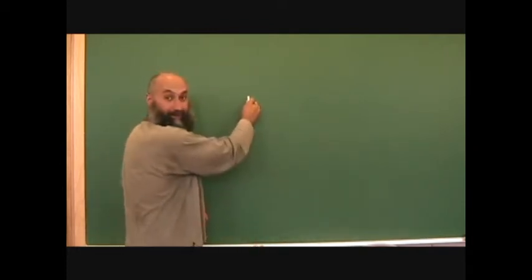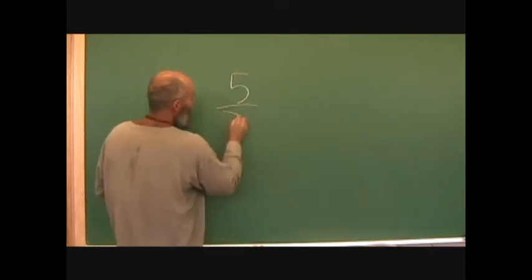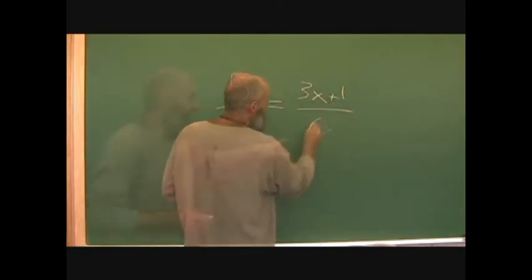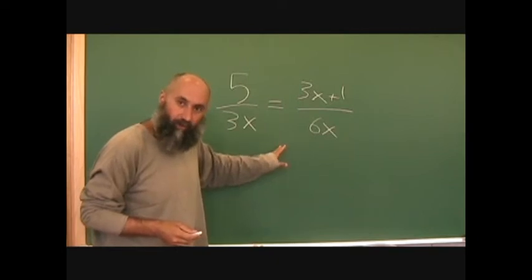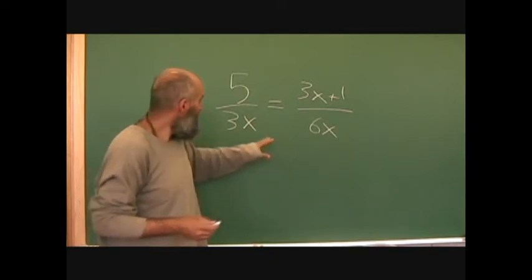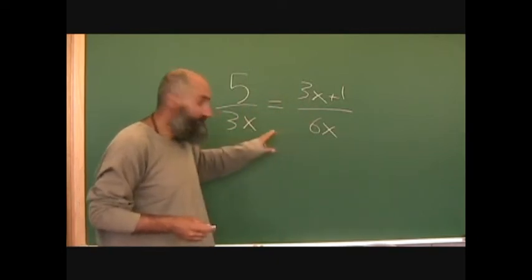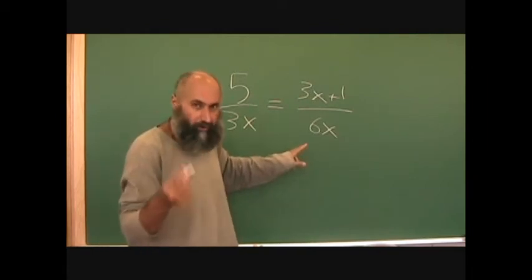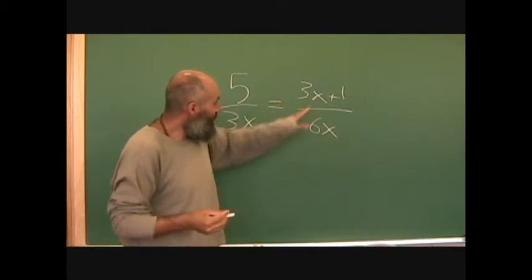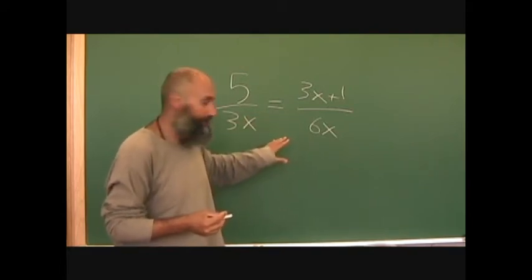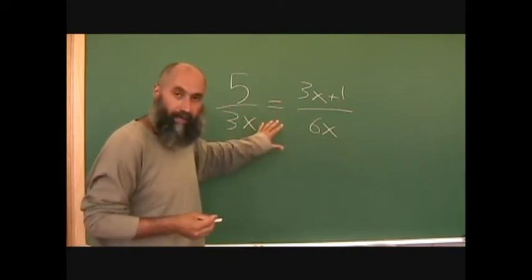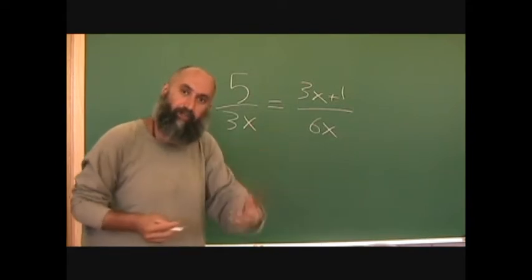So let's say we have something like this: 5 over 3x. Let's say we had this equation and they asked us to solve it. This is a general rule, you should always try to do this. Before you start crunching numbers, moving numbers around and trying to solve an equation, you should take a look at the equation and list your restrictions.